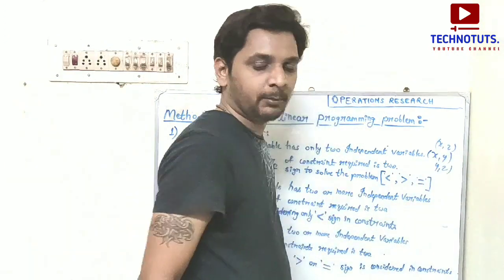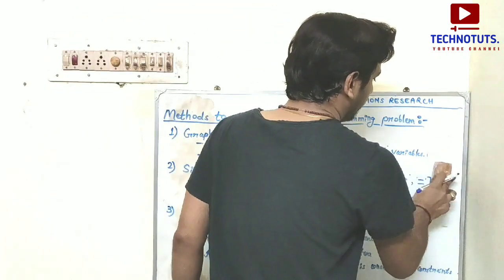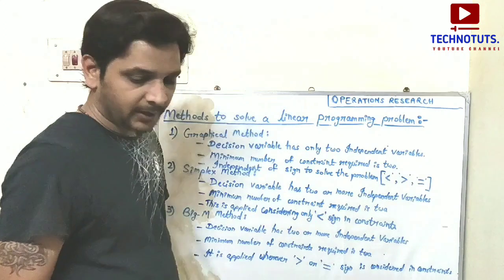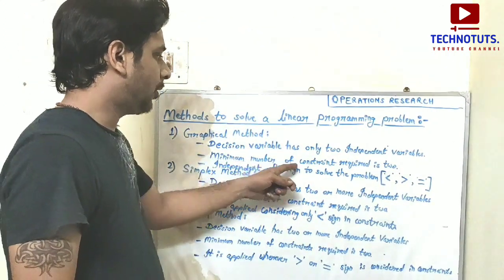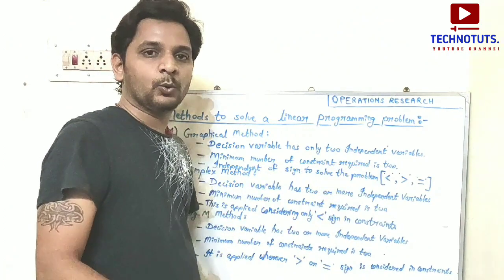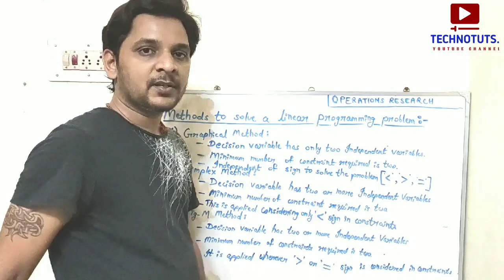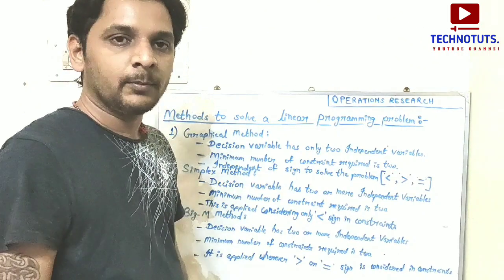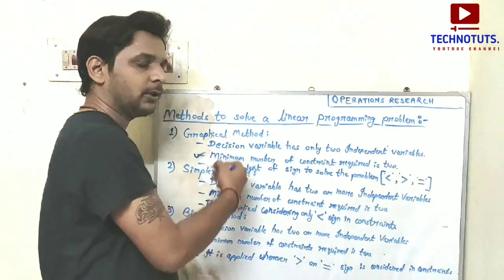Only two independent variables, not more than two. Second point, the minimum number of constraints required is 2. Constraints means the minimum number of equations required to solve the problem is 2. This point is compulsory for all the three methods.